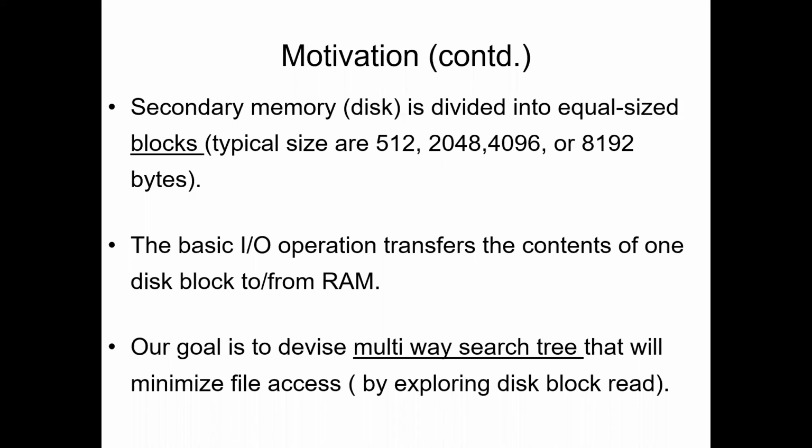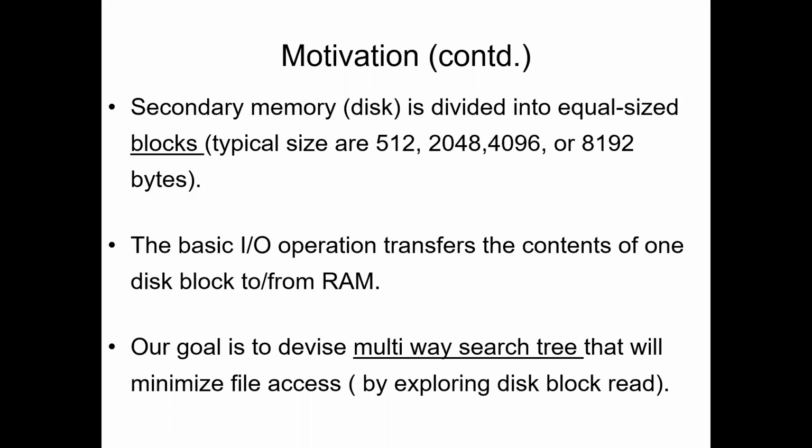As we know, secondary memory is typically divided into equal size blocks, also called segments or pages, which you may have read in operating systems as 512, 2048 or 4096 byte blocks. When we retrieve data from secondary storage, it is retrieved in units of these blocks, segments, or pages.